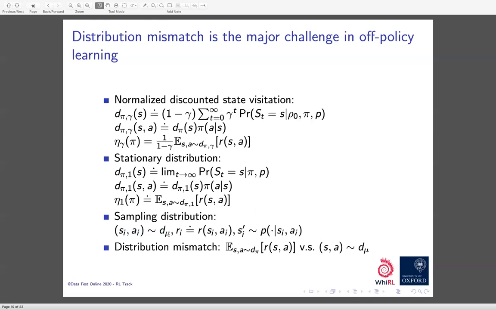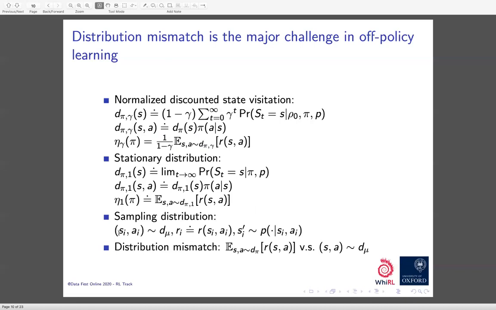This distribution d mu may come from a single known behavior policy, or in a more challenging setting, it may come from multiple unknown behavior policies. Basically, d mu can be anything and it can be arbitrarily different from d pi. So we do need to assume some regularity on this d mu. For example, we will assume that d mu covers d pi well, which is not very restrictive.